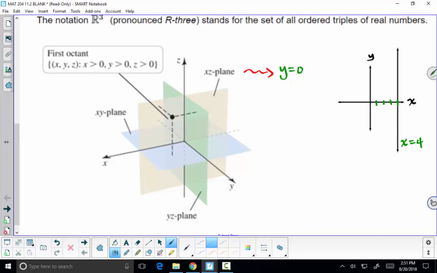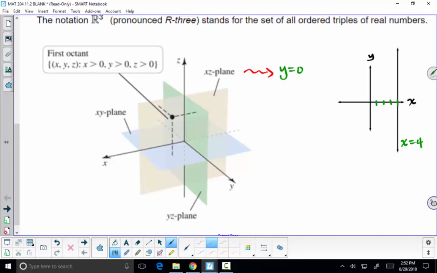In R2, y equals 0 is the x-axis. In R3, excuse me, y equals 0 is the xz plane. That says all ordered triples with a y value of 0. So x could be 5, z could be 5, but y has to be 0.